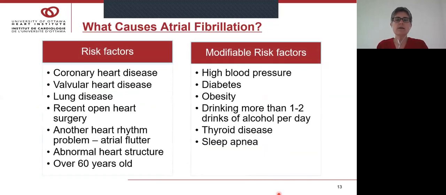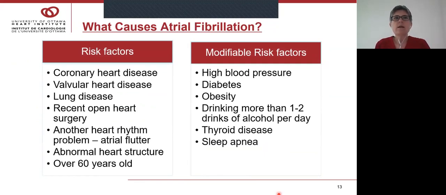So what causes atrial fibrillation? We know certainly there are some other heart problems and lifestyle things that put you at higher risk. I sort of divided them into two categories, with one looking at the modifiable risk factors.